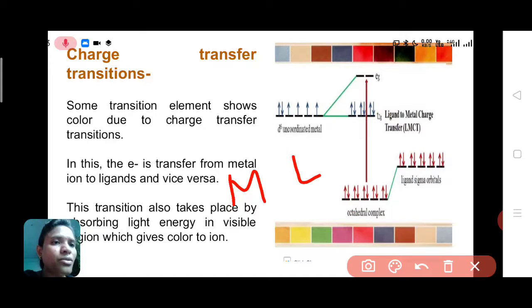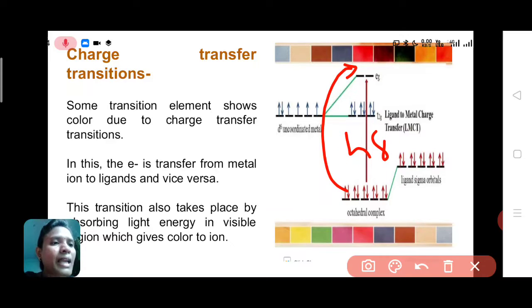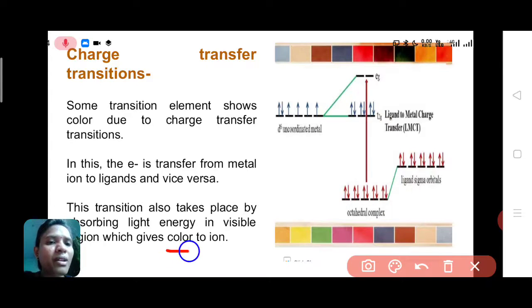So when electrons are promoted from a lower energy level molecular orbital to a higher energy level molecular orbital by absorbing some light energy, h nu, then this particular complex compound appears in the form of color.